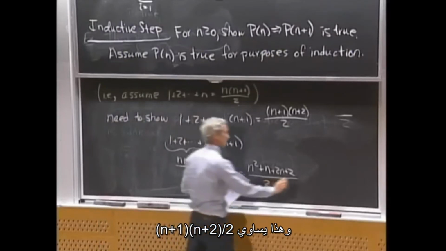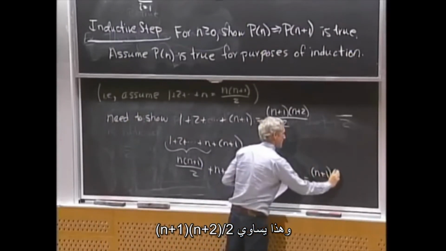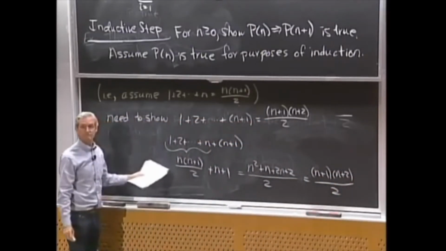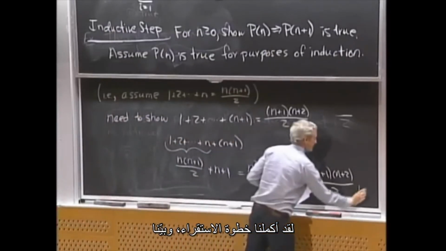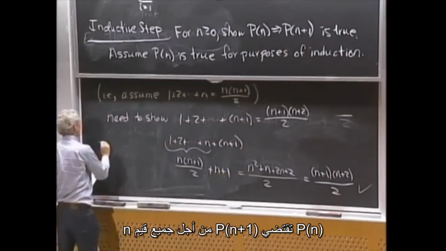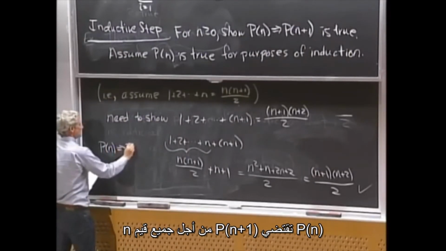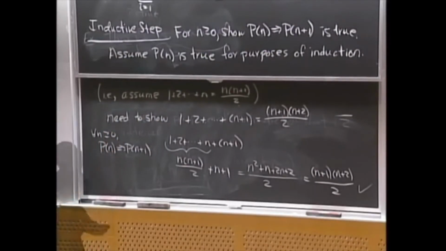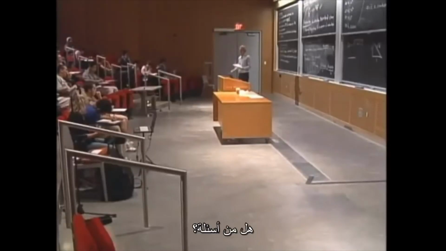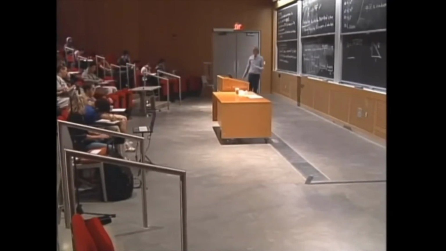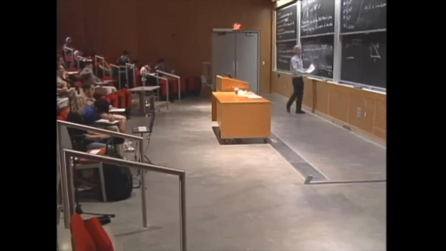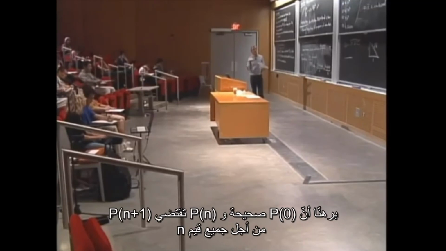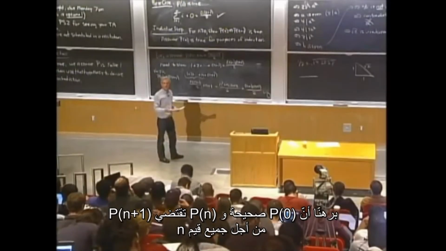All right, and that equals (n plus 1) times (n plus 2) over 2, which is what we're trying to show. So we've completed now the inductive step. We have shown that for all n bigger than or equal to 0, Pn implies Pn plus 1. Any questions about that? So the proof is done. We've done everything we need to apply induction. We got P0 is true, and Pn implies Pn plus 1 for all n bigger than or equal to 0.